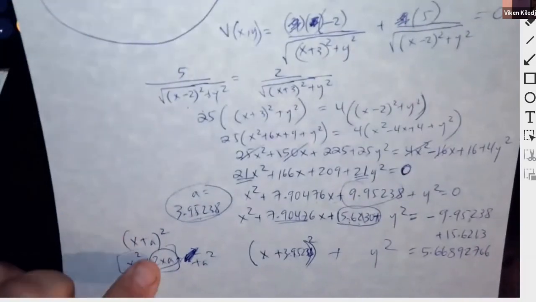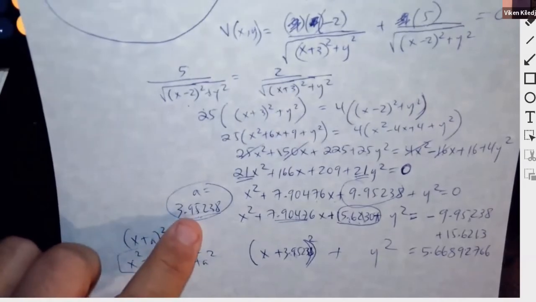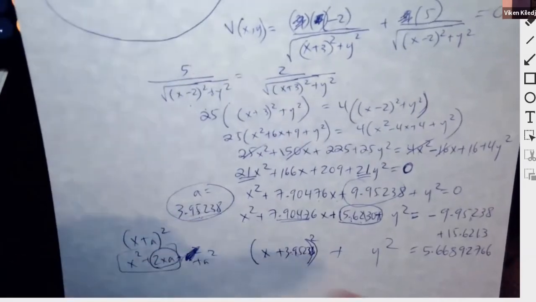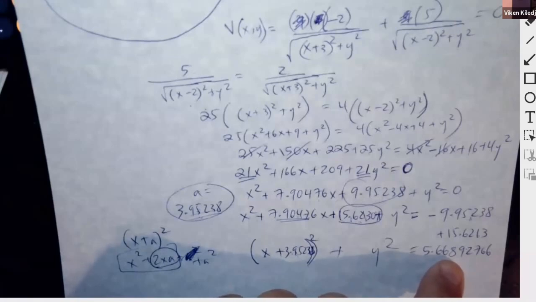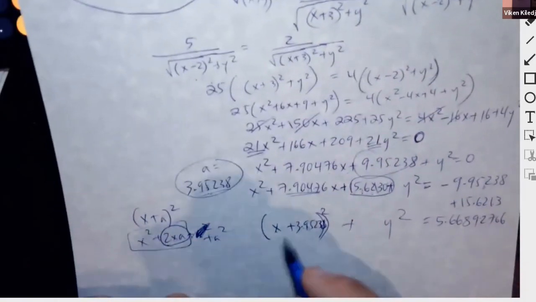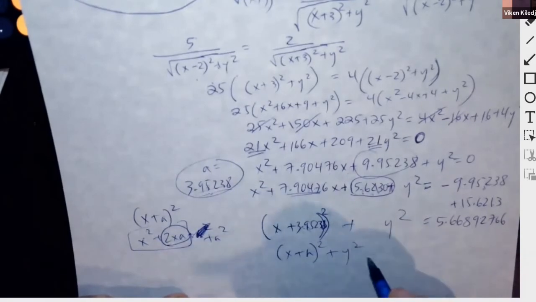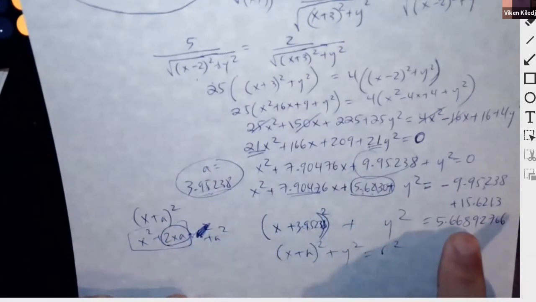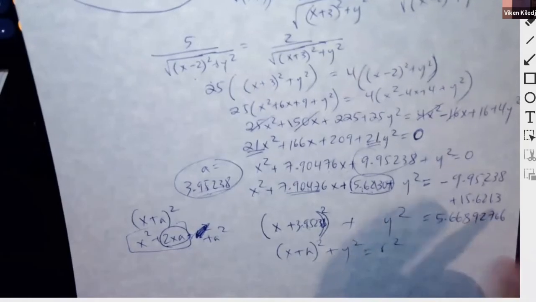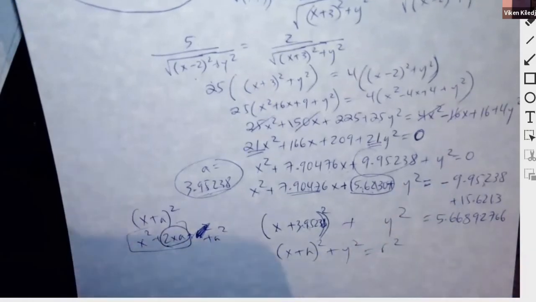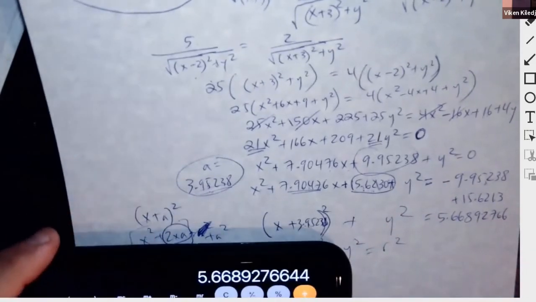And what's the radius of it? It'd be the square root of this, right? Because it's the equation of a circle, x plus h squared plus y squared is equal to r squared. So the square root of this would be 2.38.